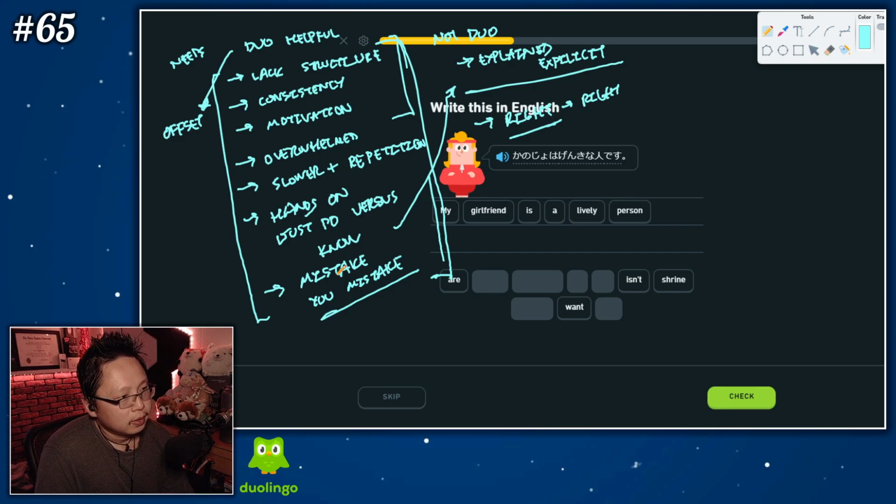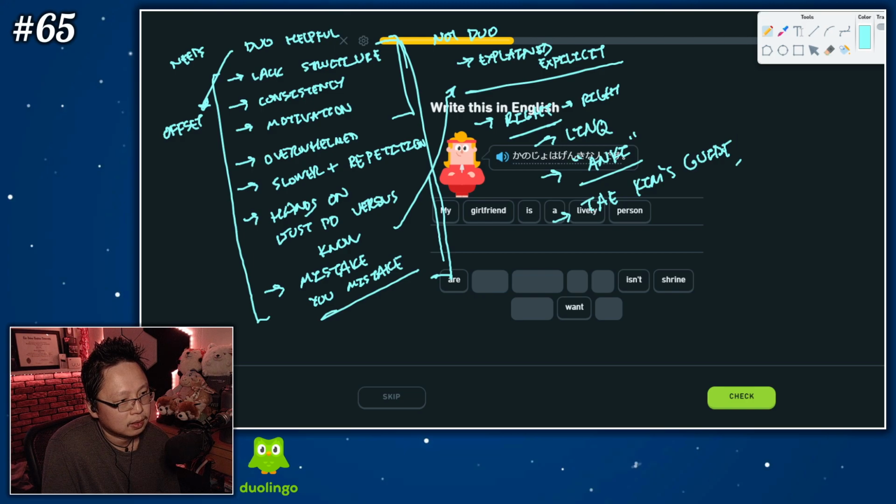Otherwise, there are other tools which I can't comment on. Other tools that are not Duolingo would be LingQ, mentioned a lot. Anki isn't technically a substitution, but flashcards by means of Anki. Tae Kim's guide, if you're into the rigorous textbook, unadulterated kind of things. What else? Immersion, I guess.